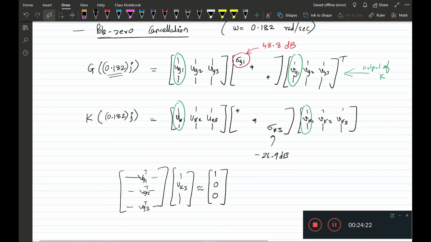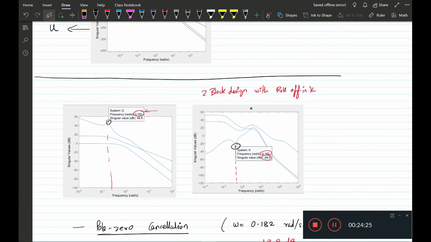So the point of this part of the exercise was to see that if we do a two block design, we can have pole zero cancellations. If the G had an unstable pole, the controller could in principle cancel this unstable pole, and this would be unrecognized in the S and the KS transfer functions, and could lead to a potentially unstable design as soon as we have input disturbances.